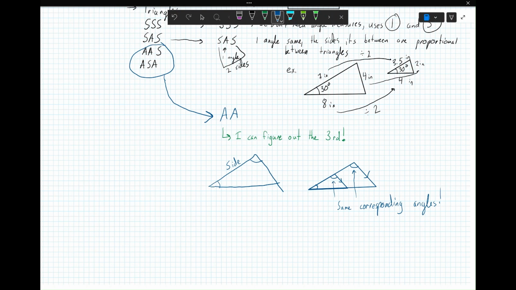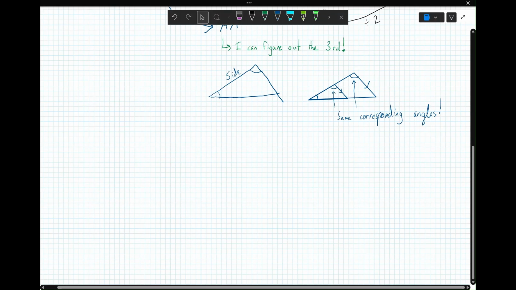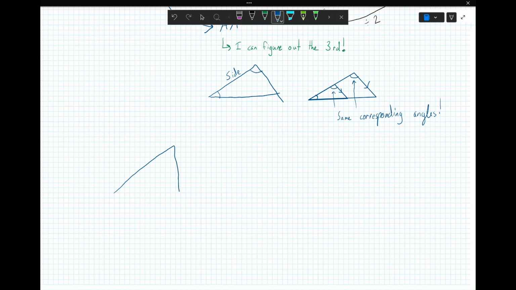Let's do some examples where we verify things are similar. So first off, let's say I have a triangle with a right angle and a 43-degree angle.